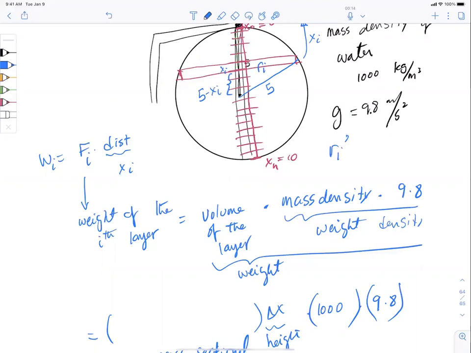So ri squared is, actually, let me write out the full formula. ri squared plus (5 minus xi) squared is equal to 5 squared. Or ri squared is 25, which is your 5 squared, minus (5 minus xi) squared.